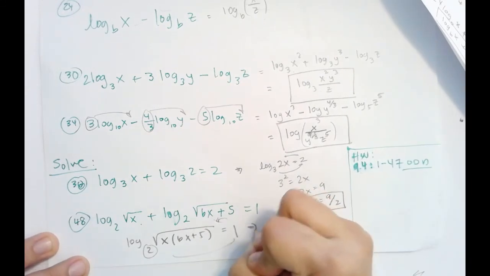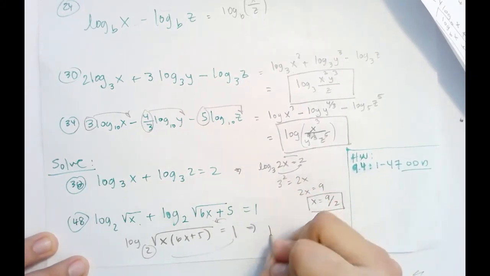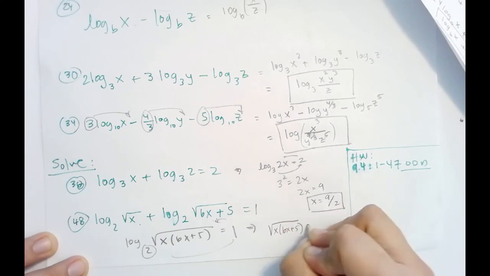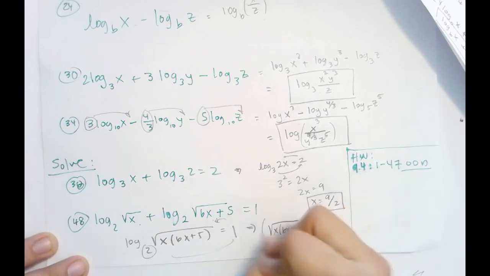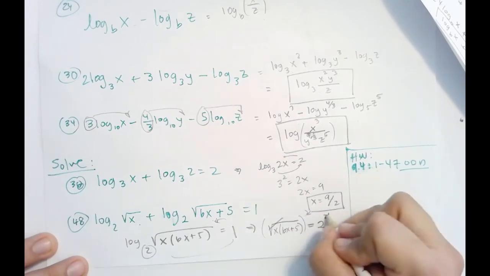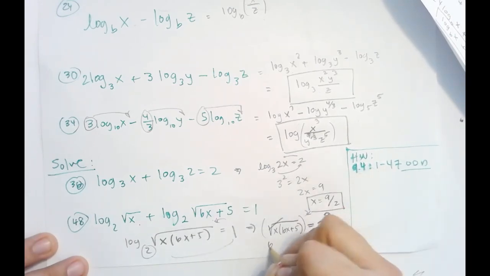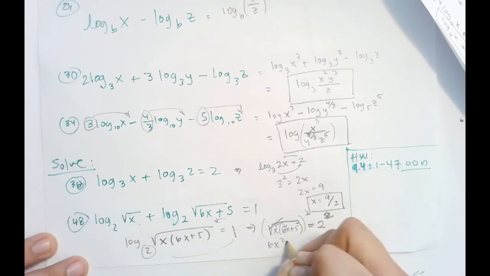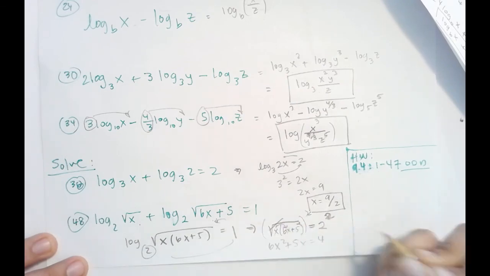So in other words, you get square root of x times 6x plus 5 is equal to 2. And then you can square both sides. This is just a 2. And then distribute this since I'm running out of space. 6x squared plus 5x is equal to 4.